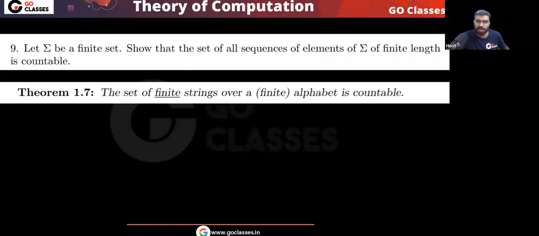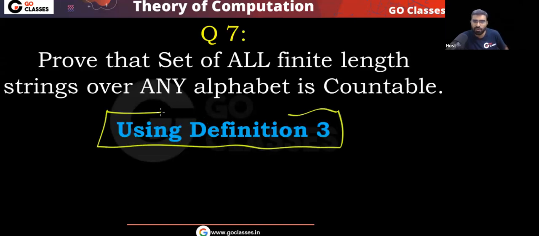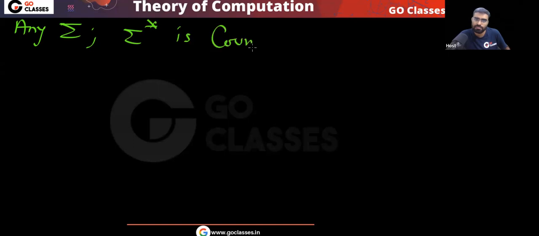How will you prove it? Using definition 3, that is your favorite definition now. You can have any sigma, then prove that sigma star is countable.